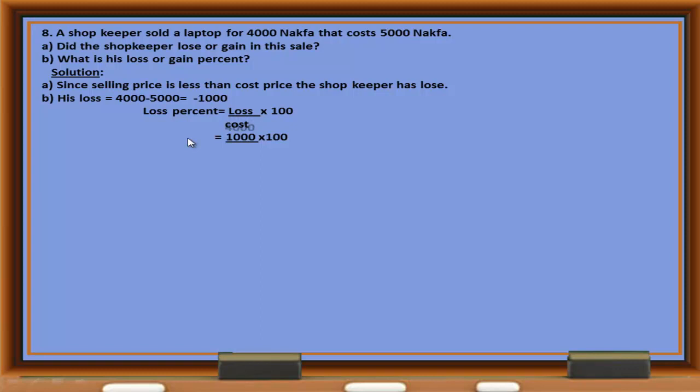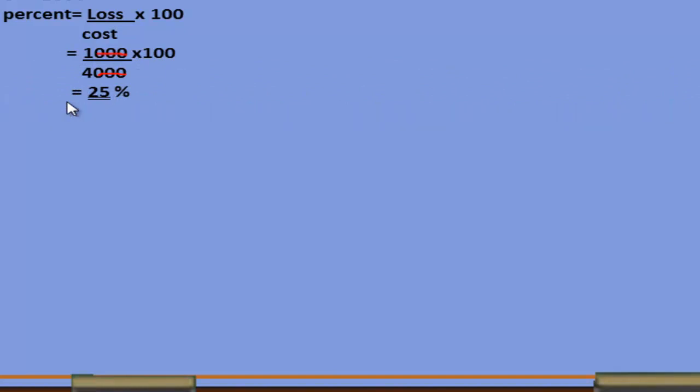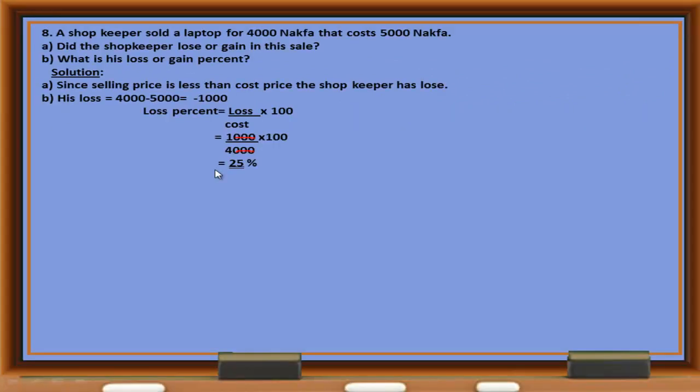Loss is 1,000 over 4,000 times 100. We remove this negative since it indicates only the loss. 3 zeros will be cancelled with these 3 zeros. 100 divided by 4 is 25%. The loss is 25%.